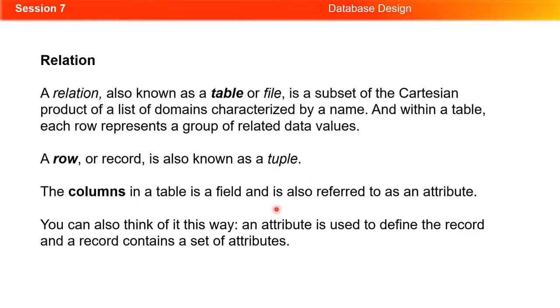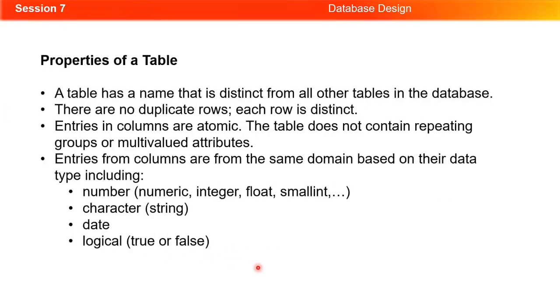Columns in a table are also known as a field, and are often referred to as an attribute. So it's some kind of additional data that describes that entity. You can also think of it this way: an attribute is used to define the record, and a record contains a set of attributes.